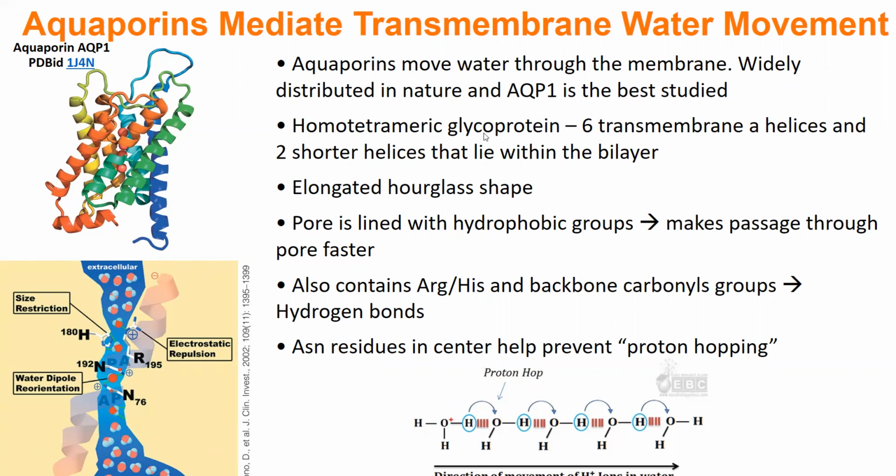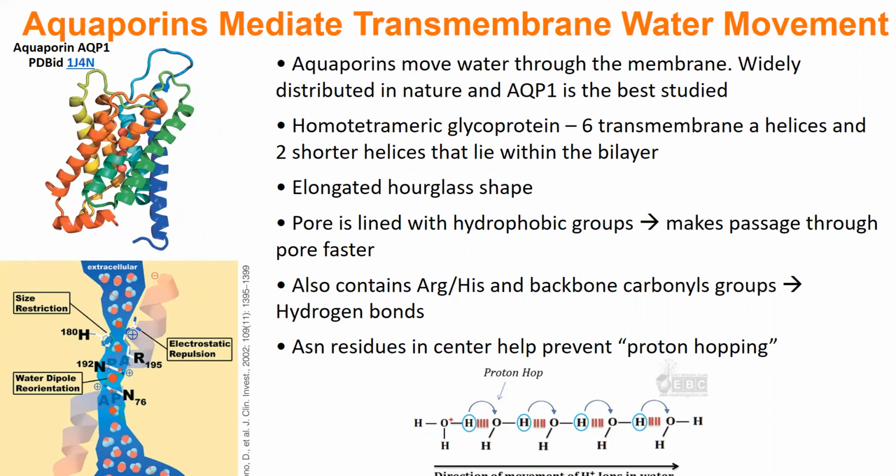And this is a glycoprotein, which means it has a sugar attached to it. Homotetrameric. What that means is that it's made out of 4 different subunits, 4 different proteins that are the same. So 4 copies of the same protein come together to make one functioning aquaporin.